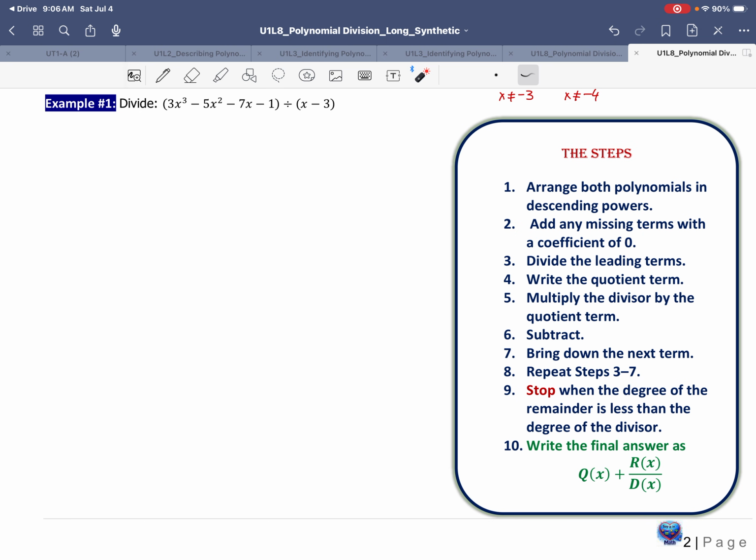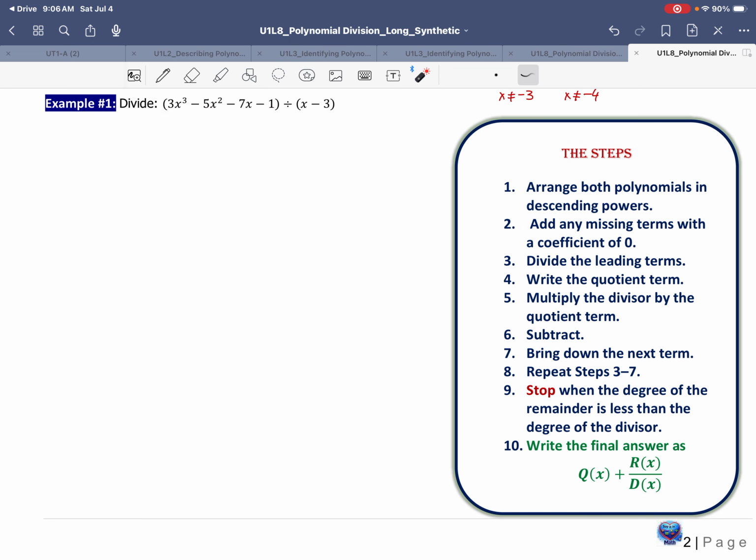Step number 1, we will have to arrange the terms in descending order, meaning we start with the highest degree term and end with the lowest degree term. In our case, the terms are listed in the correct order.